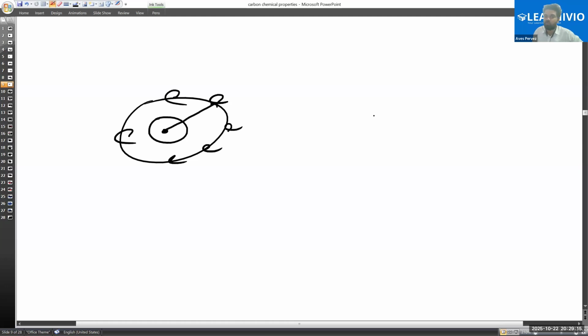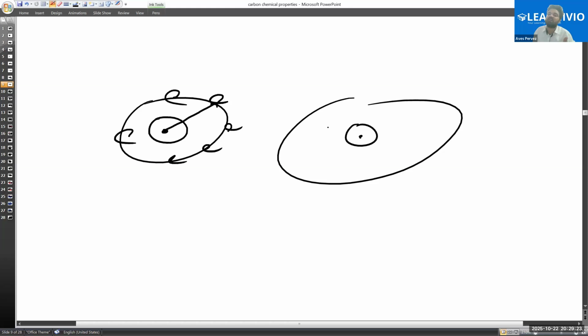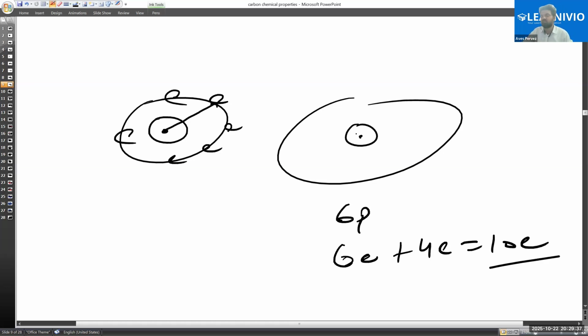The outermost shell goes far away from the nucleus, so it is very hard for the nucleus, which still has only 6 protons, to hold the extra 4 electrons, 10 electrons in total. It is not practically possible. So carbon forms neither a cation nor an anion. It forms bonds simply by sharing of electrons, neither C4+ nor C4-.